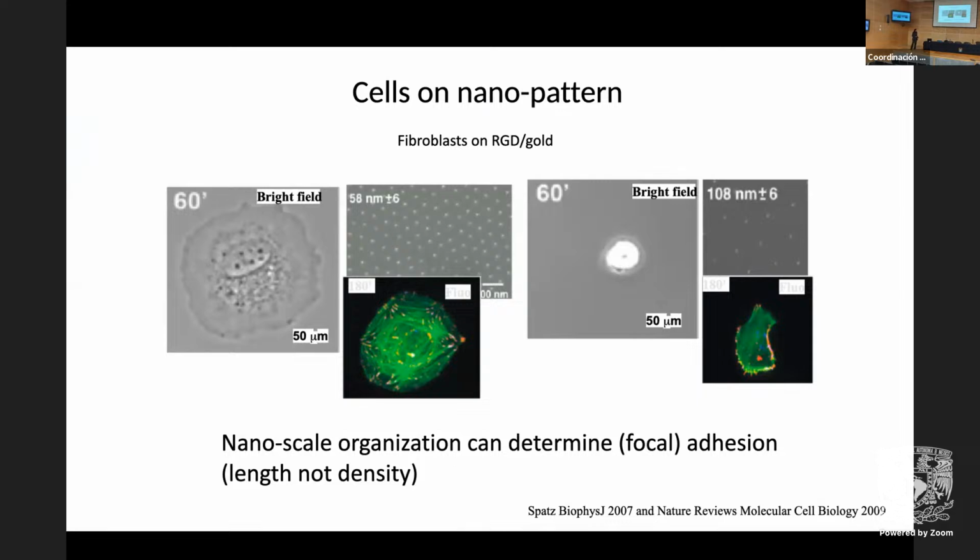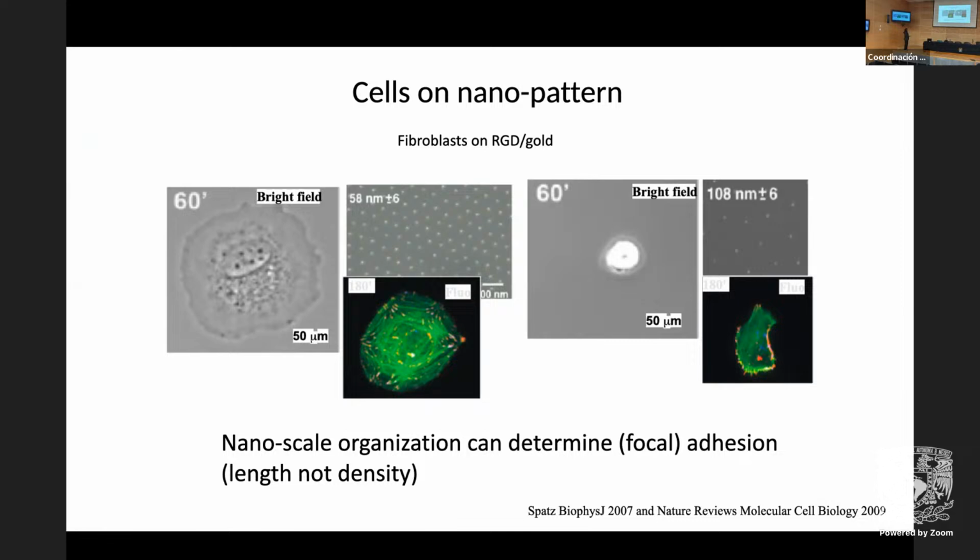These are experiments from the lab of Joachim Spatz. He used gold nanodots with one RGD molecule on each dot, and in between there are some repulsive molecules.